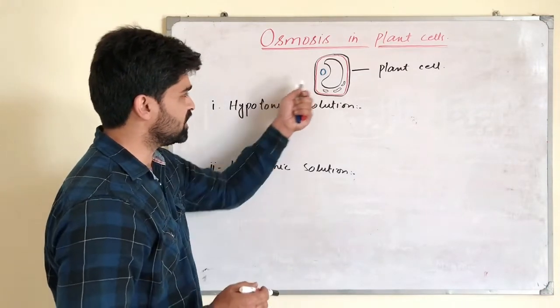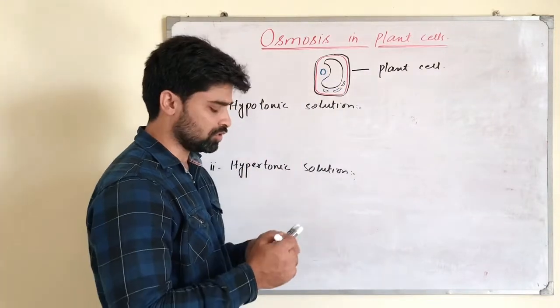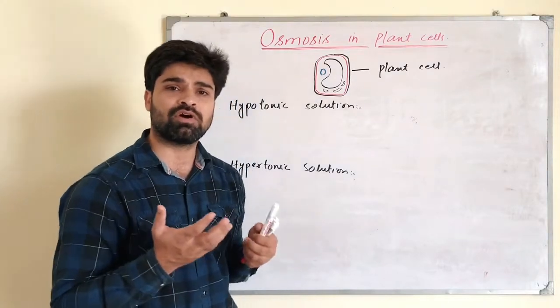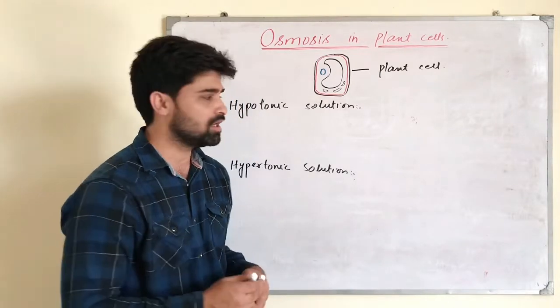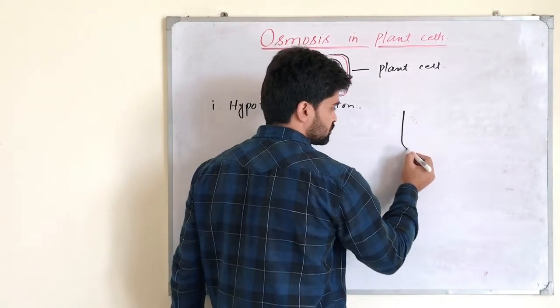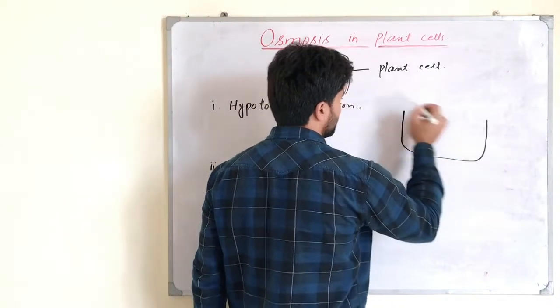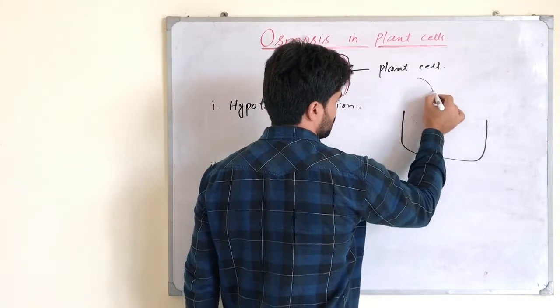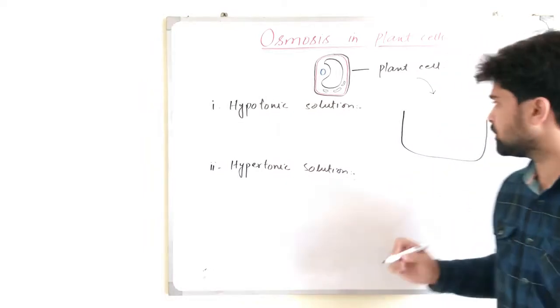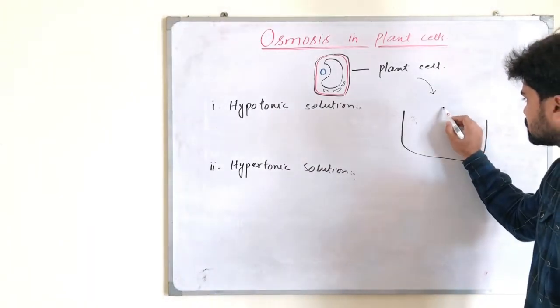If we place a plant cell in a hypotonic solution, as we know, in a hypotonic solution the water potential is high, and the water molecules can move more freely. If we place that plant cell into the hypotonic solution, what will happen to the plant cell?